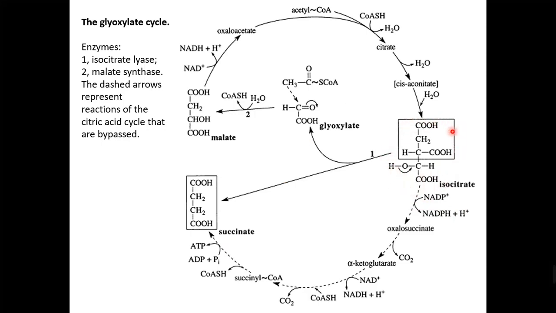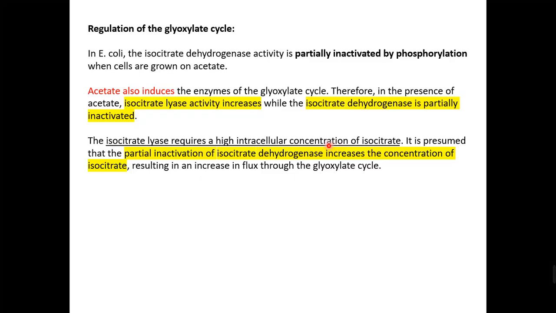This larger amount of isocitrate will facilitate the binding of isocitrate to the enzyme isocitrate lyase. Usually, isocitrate lyase will not take isocitrate at a normal level. If the concentration exceeds the normal level, only then will it work on isocitrate and form succinate and glyoxylate.